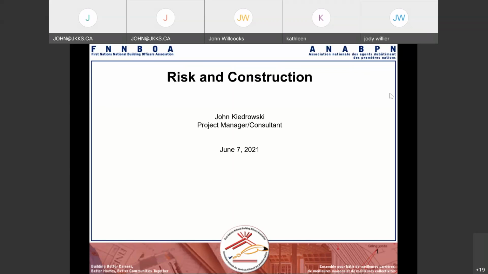These are the standard contracts that everybody should be using on or off reserve. These are the contracts that are the standard practices for construction. This is the standard for change orders. So they provide a number of documents to help stick handle a lot of the problems that people on or off reserve will be dealing with.